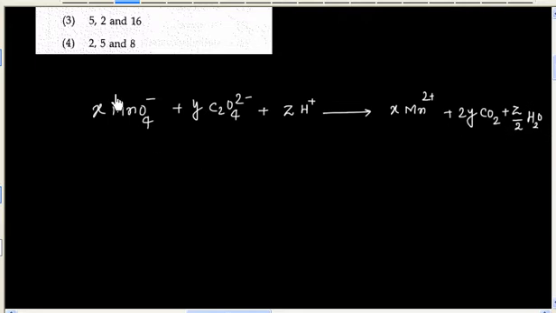So you see, manganese has a +7 oxidation state and here it has a +2 oxidation state. So this is the reduction half.